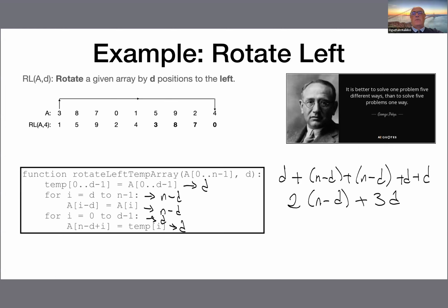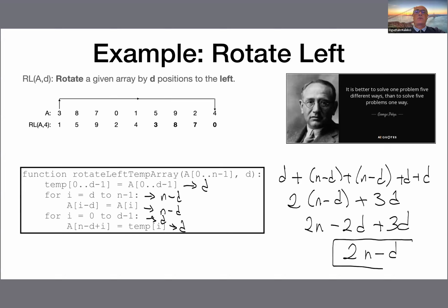And if we make the summation, we will have 2n minus 2D plus 3D operations, and it will be 2n minus D operations. Okay, so this is the total number of operations that I will have.